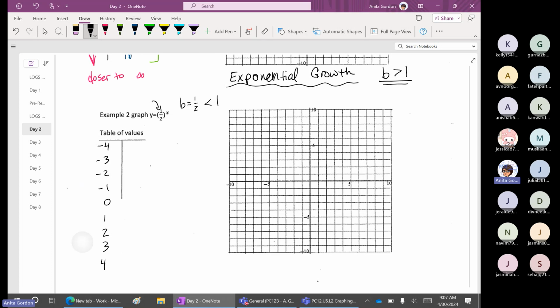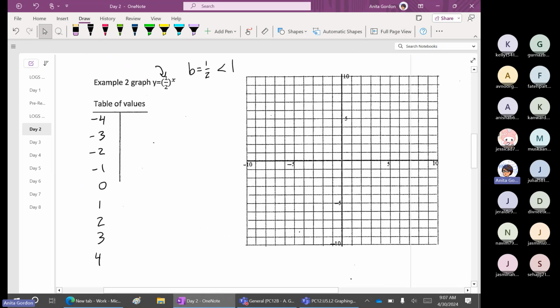Okay, and the same exponent rules apply. This is the same thing as 1/2 to the power of -4. Because my exponent is negative, I need to flip this over. This is going to be 2 to the power 4, which is 16.